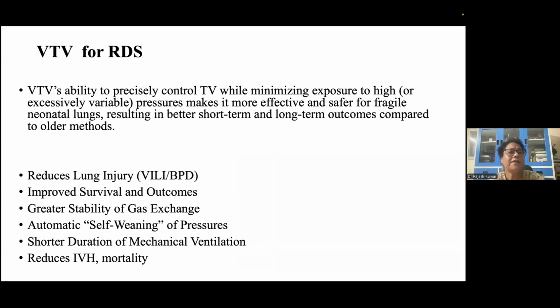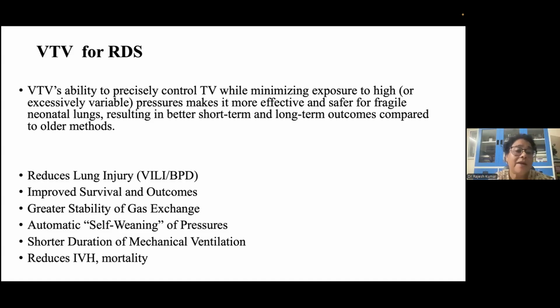So volume-targeted ventilation, with its ability to precisely control tidal volume while minimizing exposure to high or variable pressures, makes it more effective and safer for fragile neonatal lungs, and thereby results in better short-term as well as long-term outcomes compared to the older methods. It has been proven that it reduces lung injury compared to pressure control ventilation.